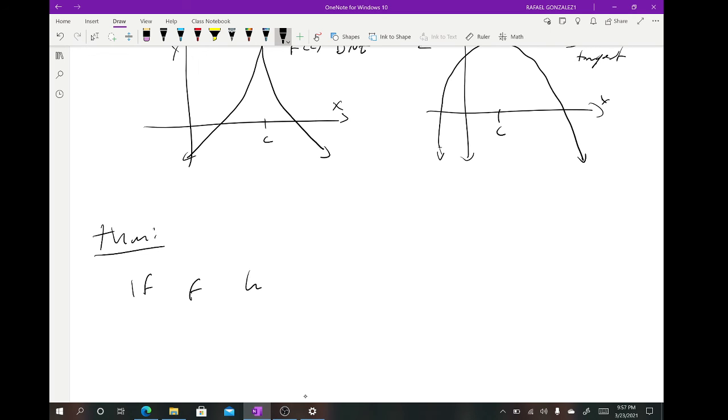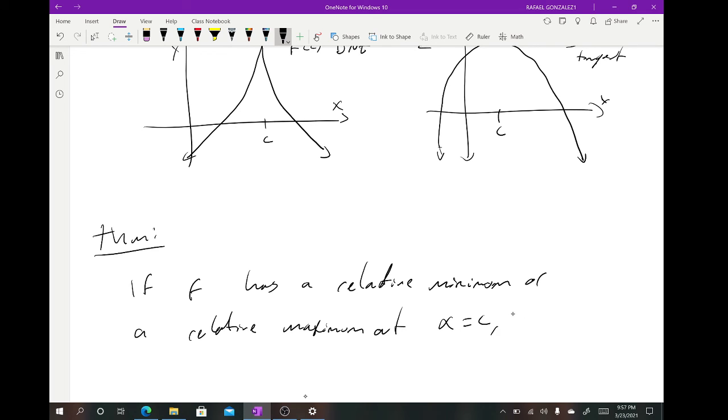If f has a relative minimum or a relative maximum at x equals c, then c is a critical number of f.